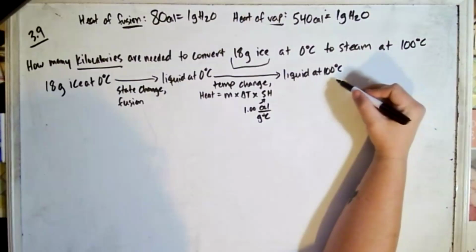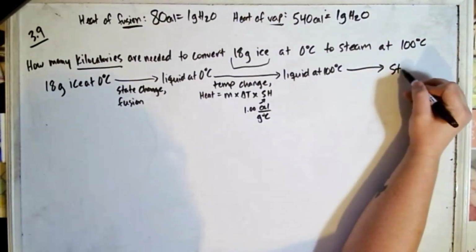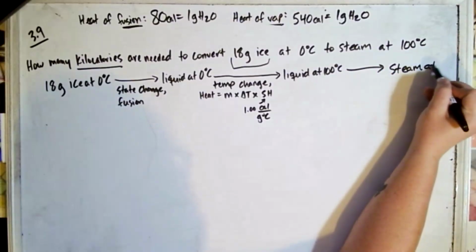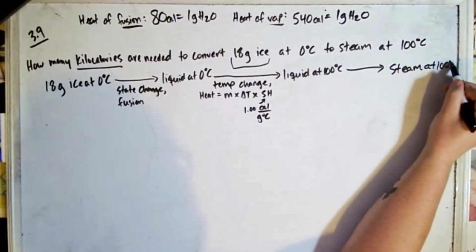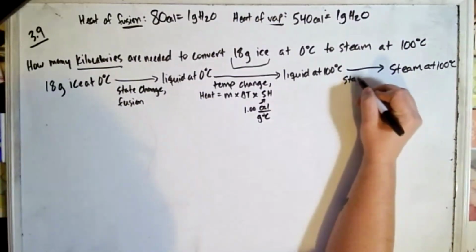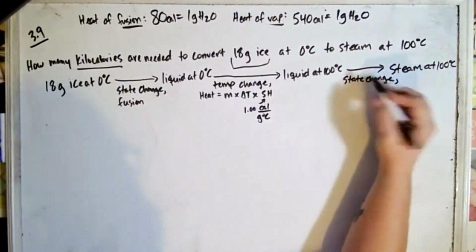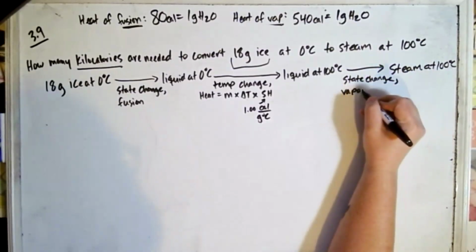Okay. Then we're going to take our liquid at 100 degrees Celsius and turn it into steam at 100 degrees Celsius. So that is going to be a state change, and the state change is vaporization.